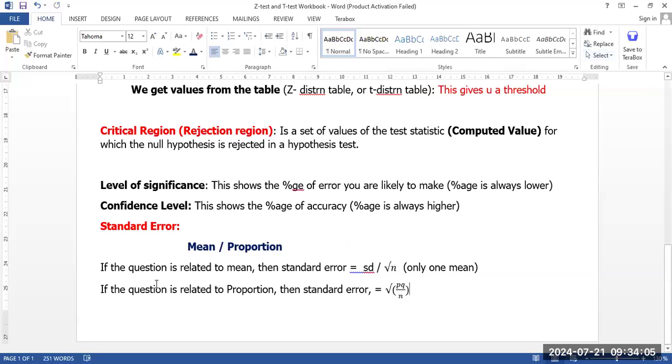When you check in your handouts, all those things are there, in that document that I shared with you.